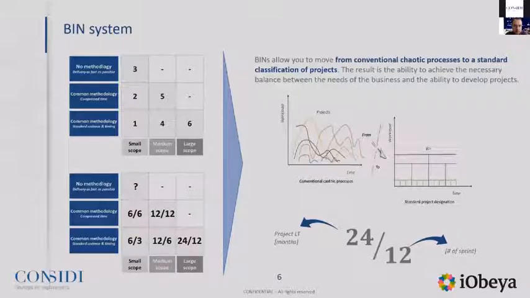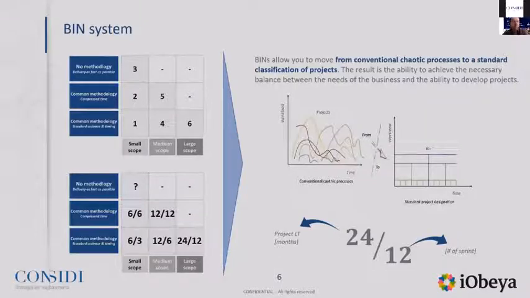But which are the key parameters that influence the complexity of a project? Of course, the scope. So the higher the scope, the higher will be the bin and the complexity. And the other parameter is the methodology. So if we follow, for example, a common methodology, we will have a lower level of complexity.